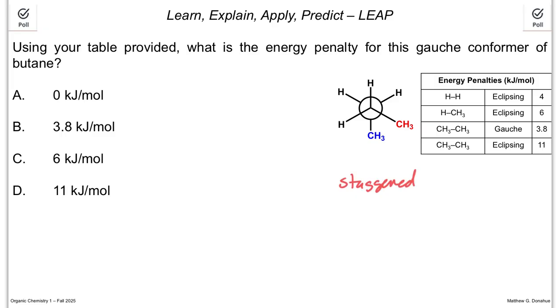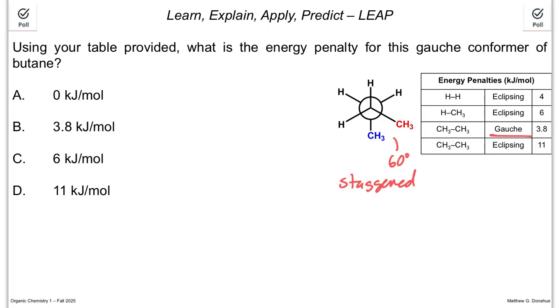So we're back to a staggered. So far we've seen with staggered, there's no penalties, but this one is unique because that dihedral angle between the 2 methyl groups is 60 degrees. And that's called a gauche interaction. Gauche means something in French, which I do not remember.